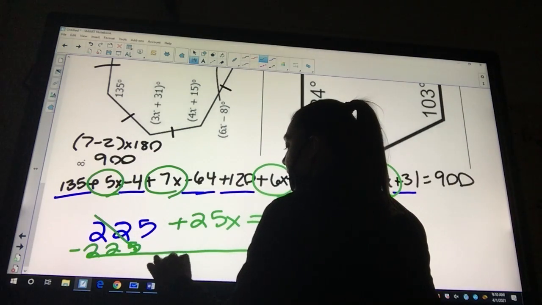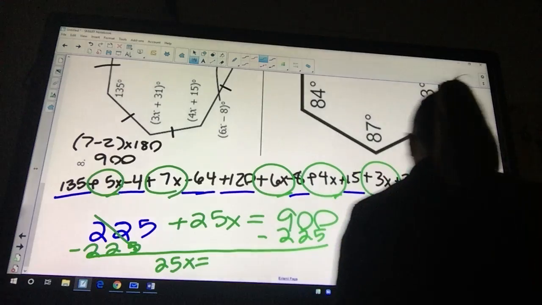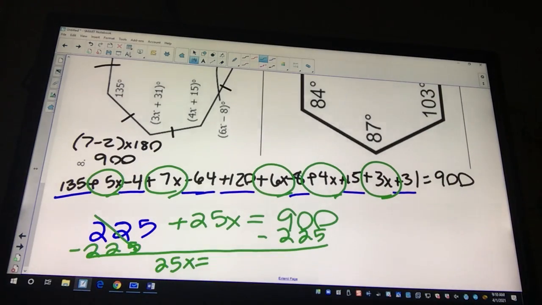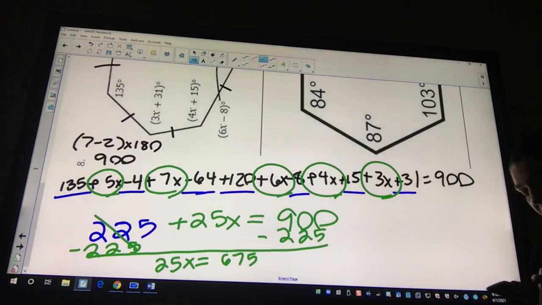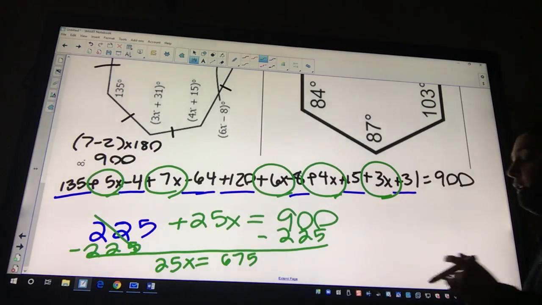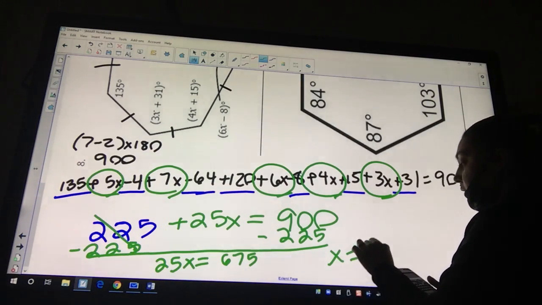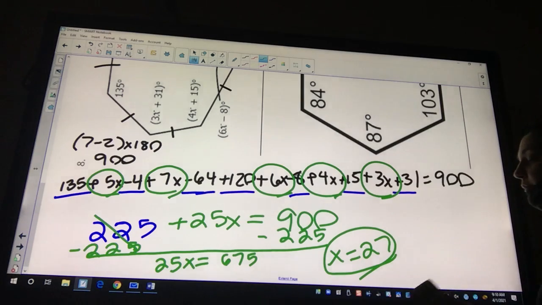Okay, so 25x equals 900 minus 225. 675. And then what's our last step? Divide by 25. So x equals 27. Okay, so although the problem looks pretty complex, it is really just a lot of adding and subtraction.